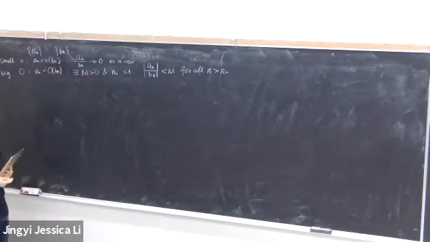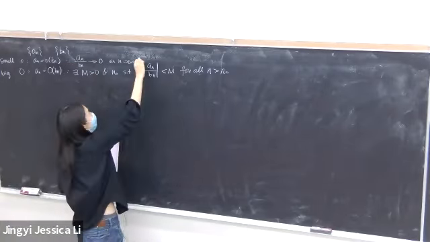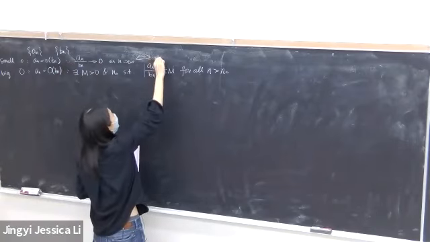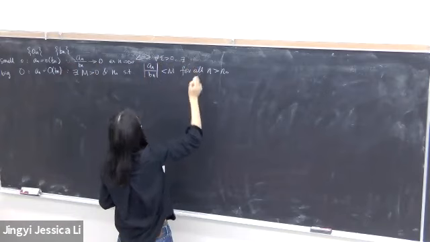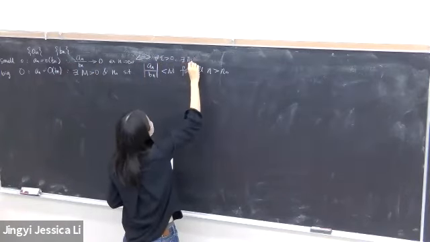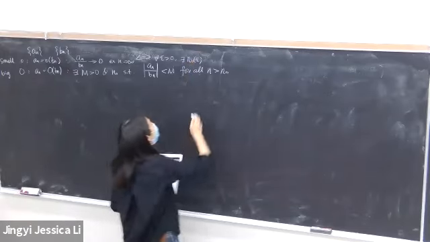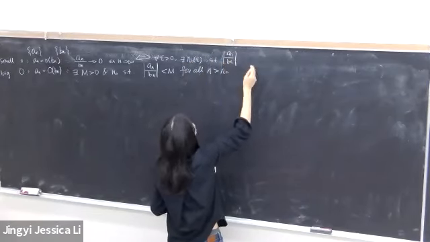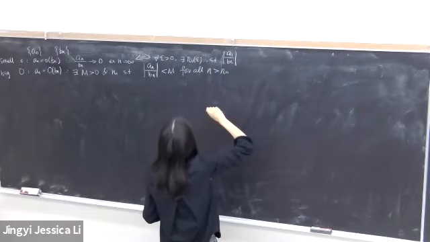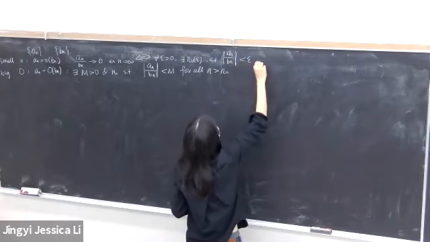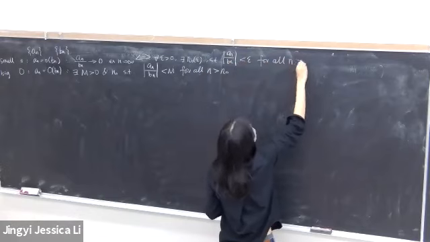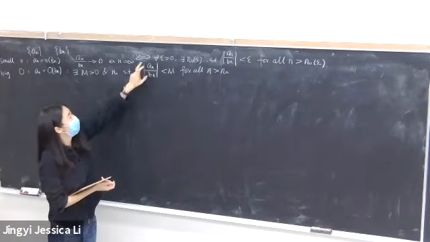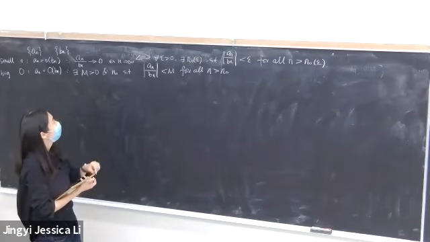If you recall, if we write down the definition in terms of limit, mathematically, we say for any positive epsilon, there exists an index n0 that depends on epsilon, such that the absolute value of A_n over B_n is less than epsilon for all n greater than n0 of epsilon.